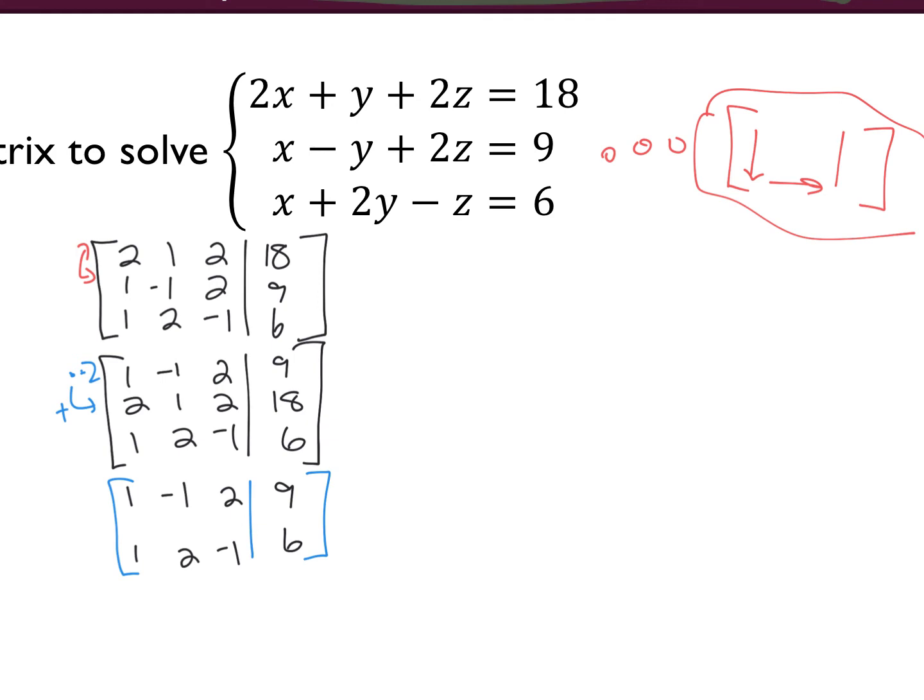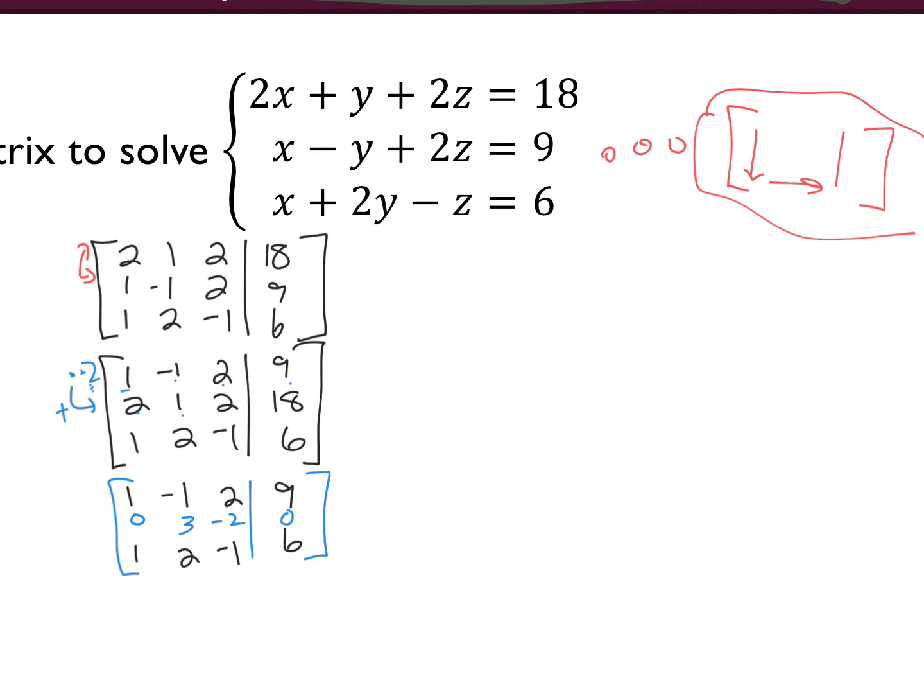And once I've written rows 1 and 3, now I can say 1 times negative 2 is negative 2 plus 2 is 0. Negative 1 times negative 2 is 2 plus 1 is 3. 2 times negative 2 is negative 4 plus 2 is negative 2. 9 times negative 2 is negative 18 plus 18 is 0.